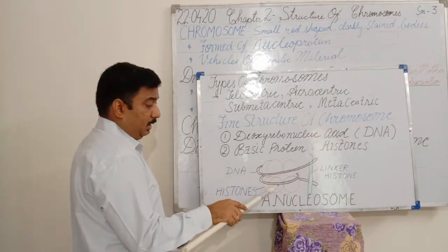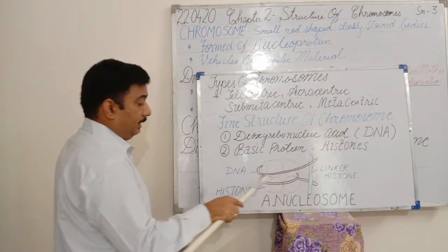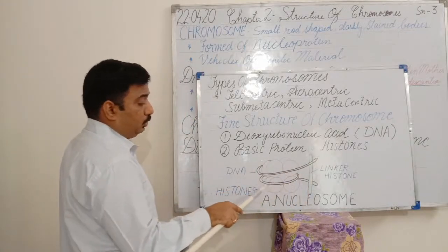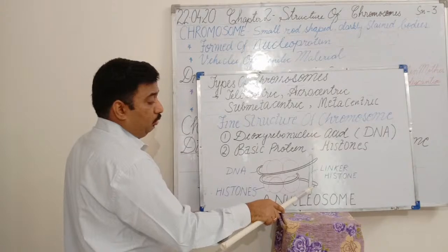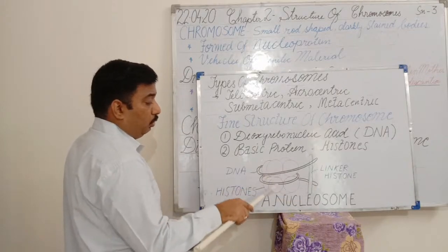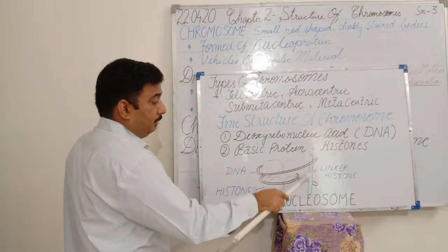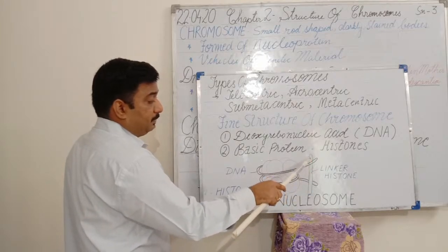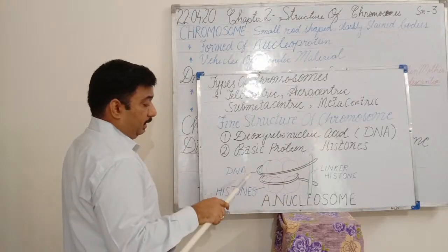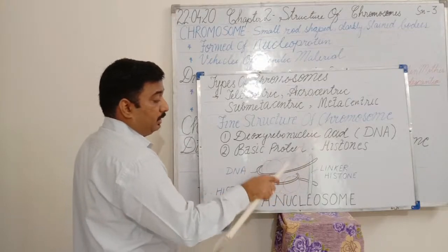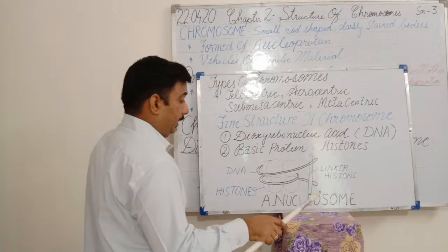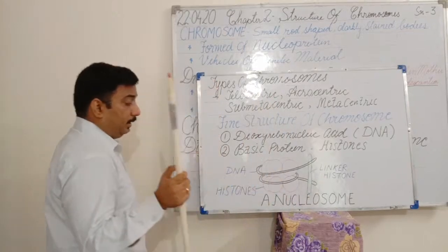You can find a DNA forming 2.5 loops around this core histone protein, and it is joined by a linker histone which keeps the DNA intact. It will not allow the DNA to move from its place. So this is the function of the linker histone.